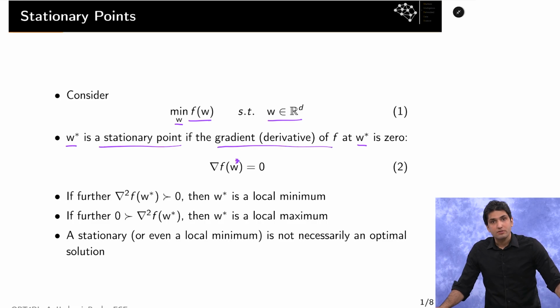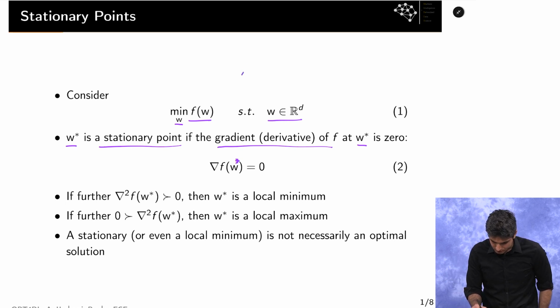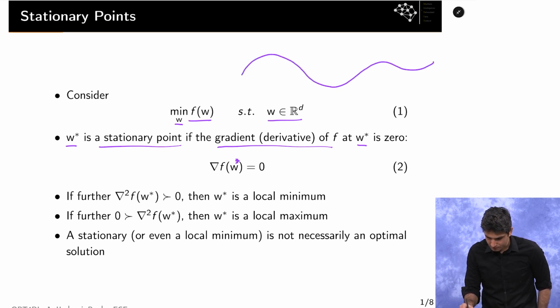Now you can talk about solutions that are of higher quality or lower quality, because the stationary point doesn't provide any information about whether the solution is a good solution or a bad solution, if it's optimal or not, okay? For instance, let me draw a very simple function here, okay?